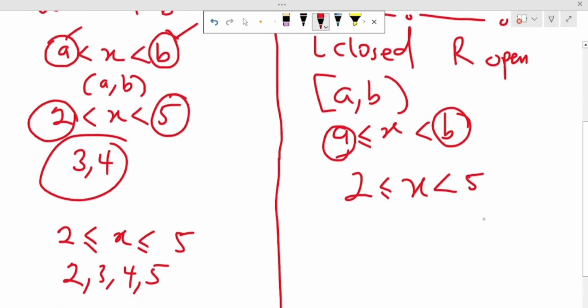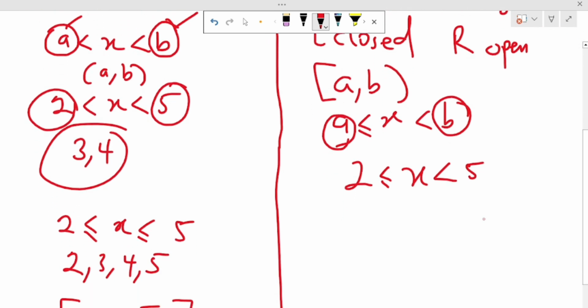Please write the answer for this in the comment section, or you can pause this video and write it. So it is going to be 2, 3, 4. It does not include 5 because 5 is open. We also have left open, right closed.